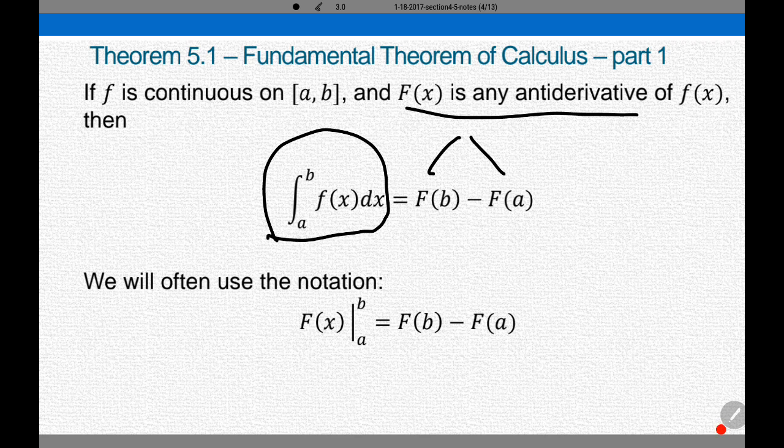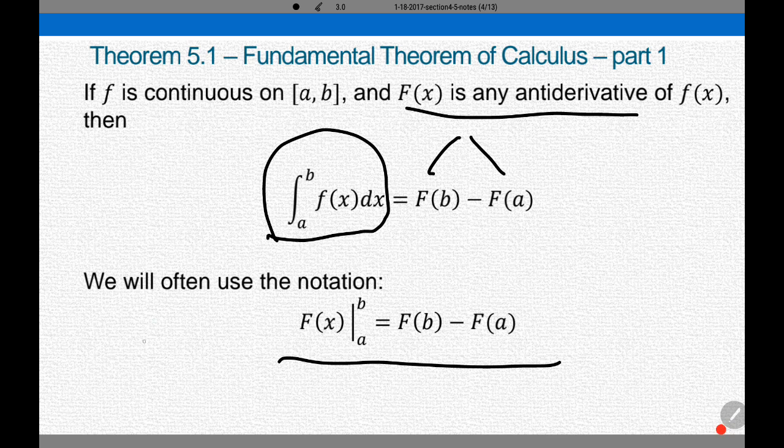What I can do then is evaluate the antiderivative at b and then subtract off its value at a, and that gives me what I'm looking for, the area between that function, the little f, and the x-axis. We'll often use the notation here at the bottom just to speed it up.